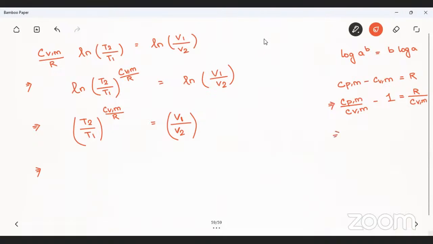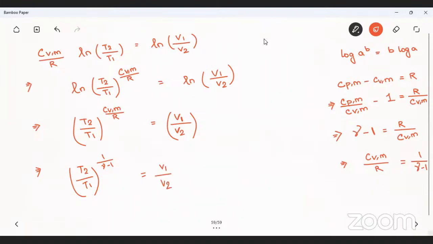So this whole thing is gamma. Gamma minus 1 is equal to R by CVM. So CVM by R will be equivalent to 1 by gamma minus 1. So T2 by T1 to the power 1 by gamma minus 1 is equivalent to V1 by V2. See, this is a constant, right?